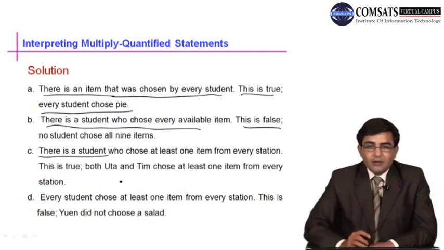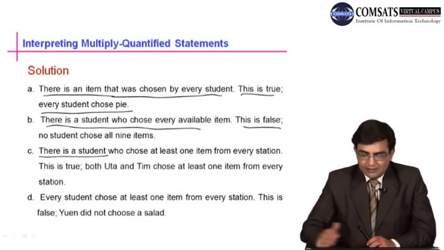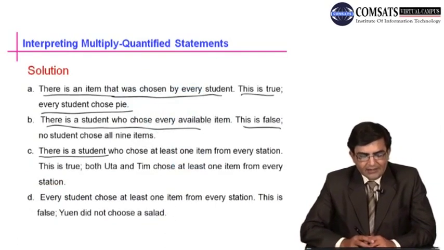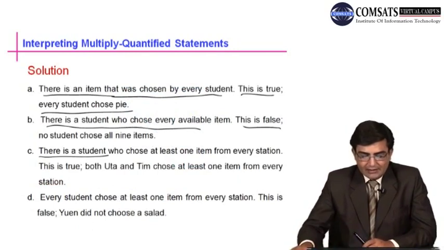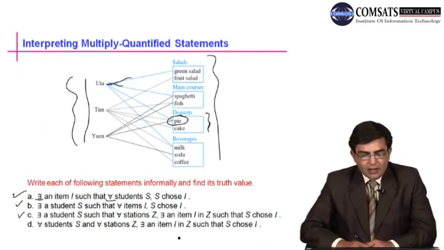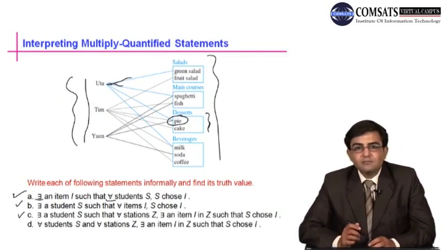In informal language, statement C can be written as: there is a student who chooses at least one item from every station. That is what I have explained to you earlier. So this is a true statement because all three students have chosen at least one item from every station.